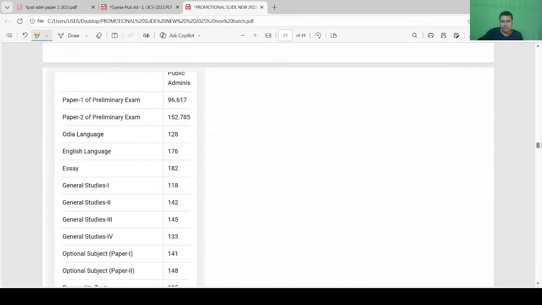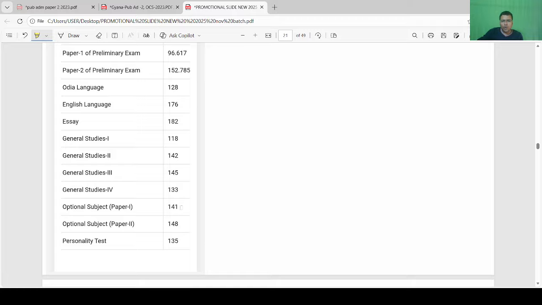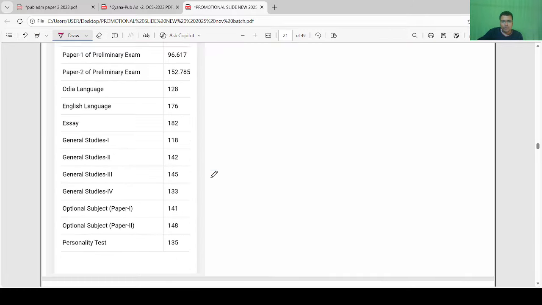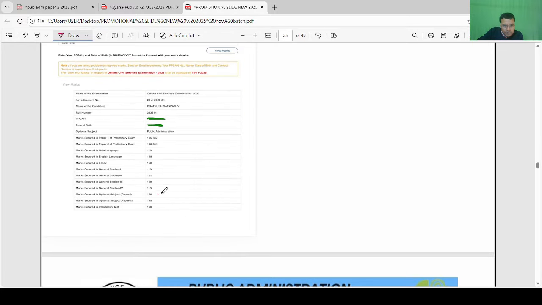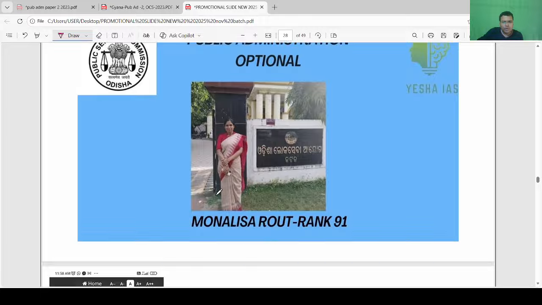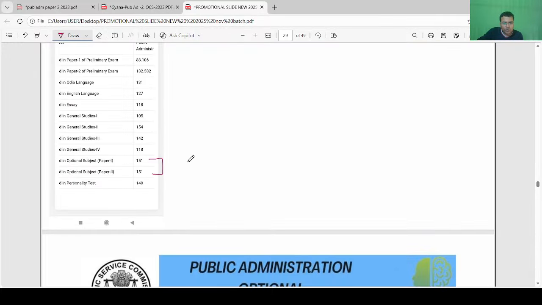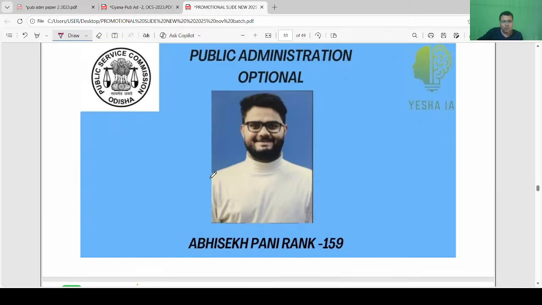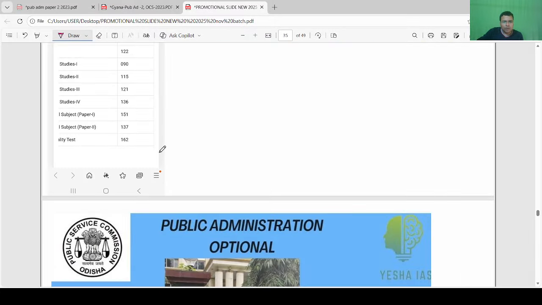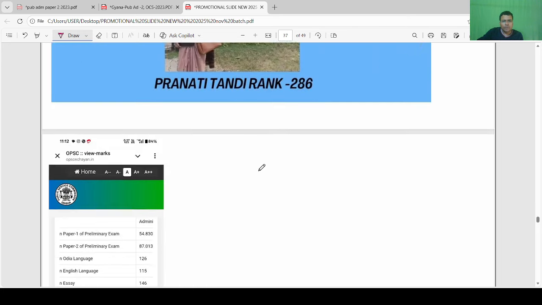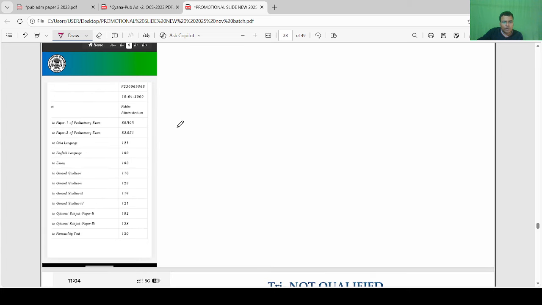I just show you marks of some students: 289 marks, rank 19, 337 marks, 305, Mona Lisa Raut 302, Sabyasachi 296, Mahendra 288, Pranati 272.